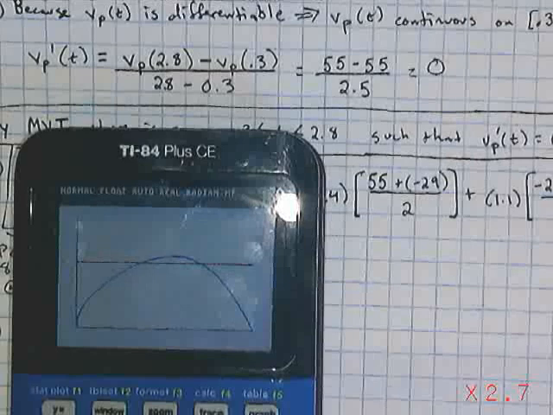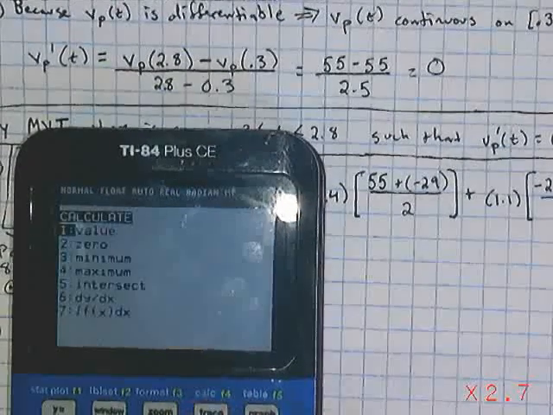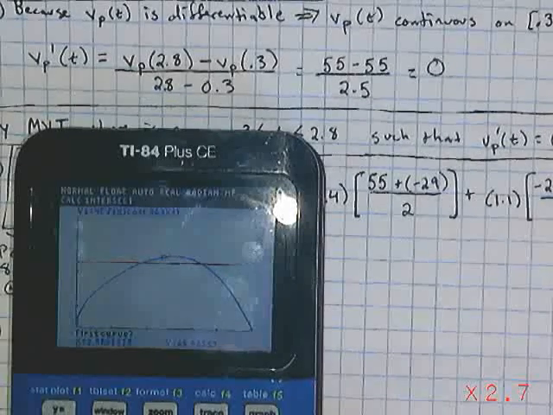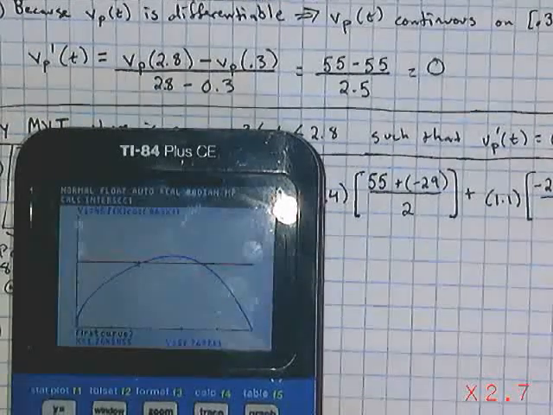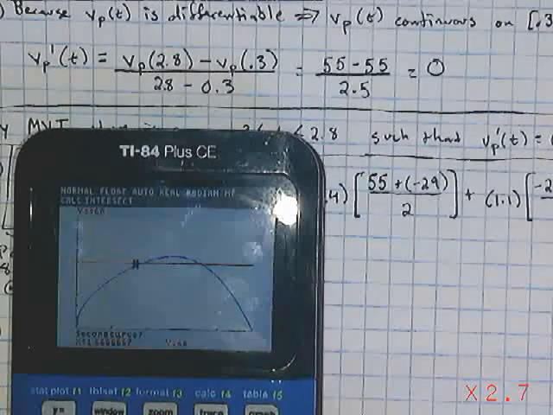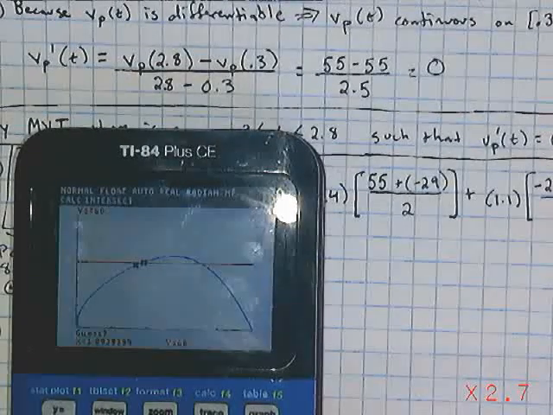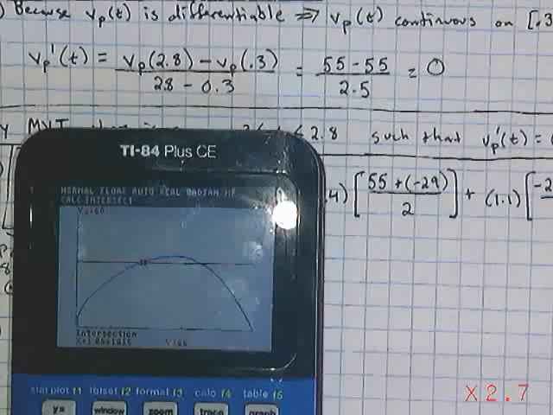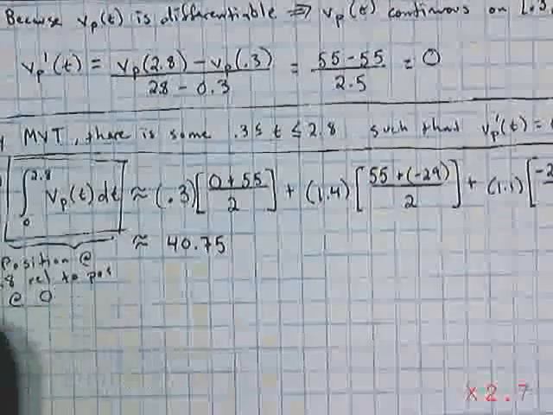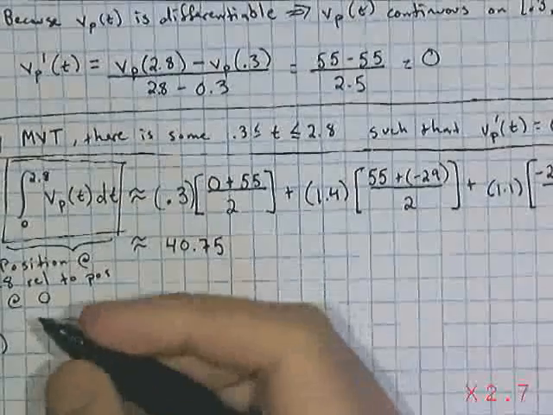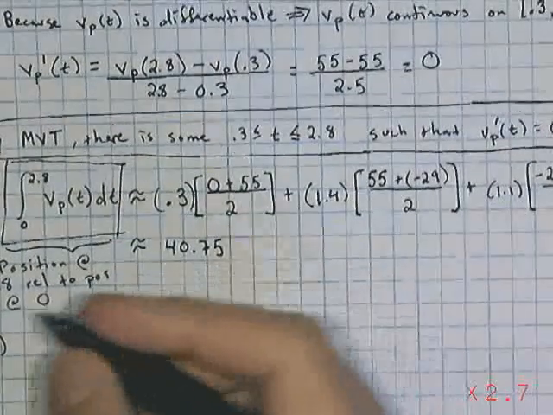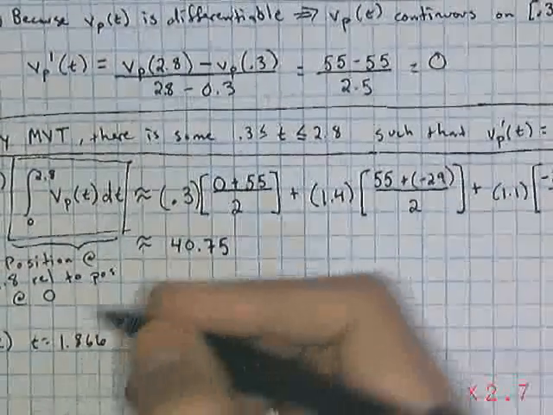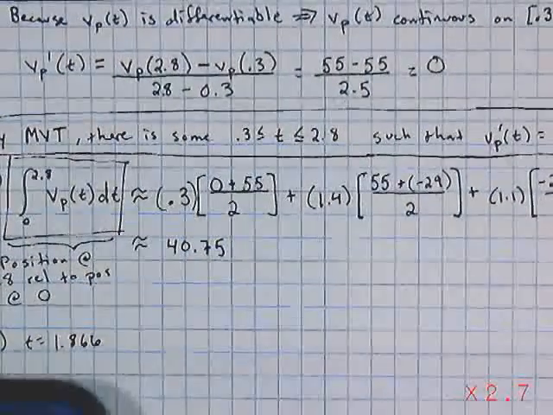So we'll go second trace. We do an intersection. This is our first curve. Second curve. Yes. And that intersection is 1.866 for the second guy.